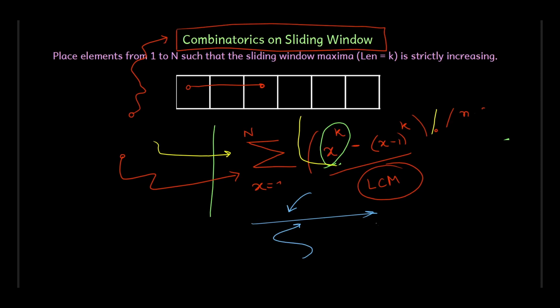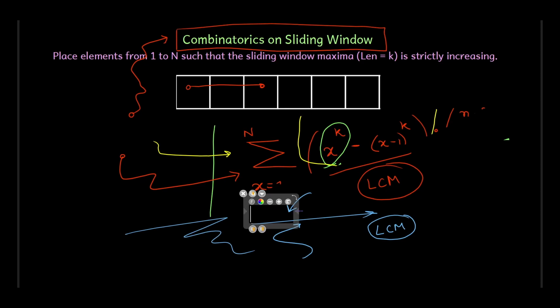And maybe my writing might not be good, so it might not really be clearly legible. Do let me know your feedback in the comment section. Which format do you like best? Do you like the format where we just start with the pen and then we keep on drawing stuff and so on, or do you want me to pause in between and then create text boxes and write?